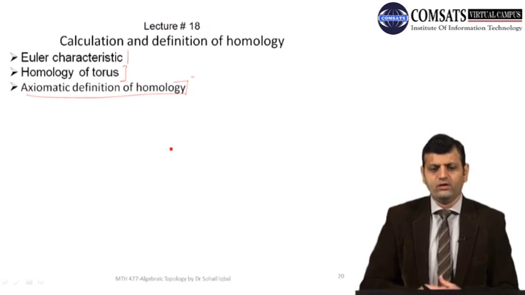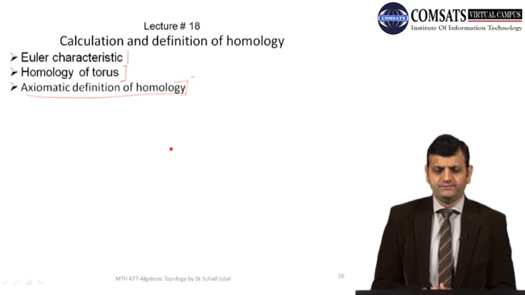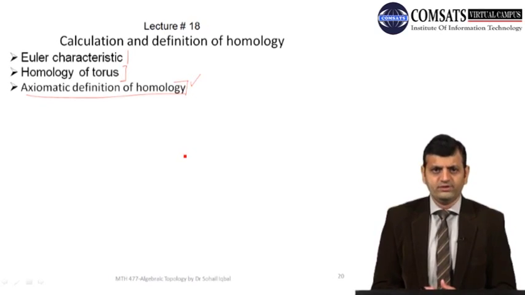If some homological theory, for example singular homology or simplicial homology or cellular homology, satisfies these axioms, then we say that it is homology, otherwise it is not. As a matter of fact, singular, simplicial and cellular homology satisfy these axioms, so that's why we can say that this is homology.